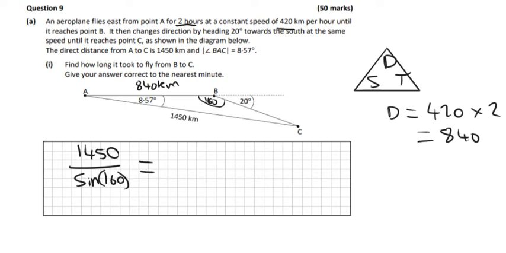that has to be equal to, and we'll call this the BC, so we'll call that X there, that's what we're trying to find out, over sine of the angle opposite, so sine of 8.57.